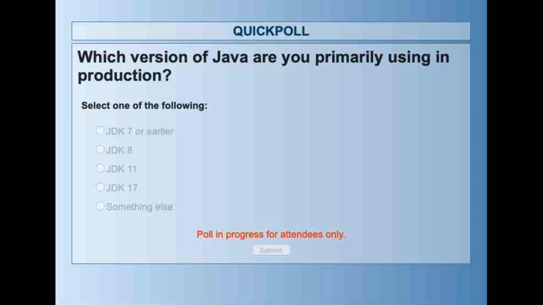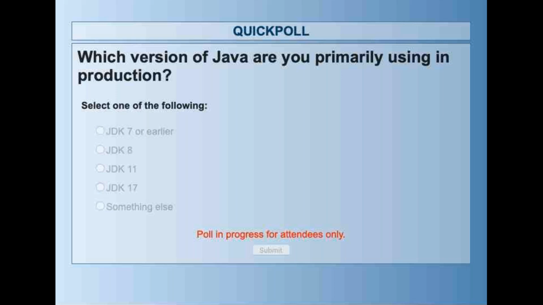So if you're still on JDK 7 or JDK 6 even, or I know some people even run older versions than that. JDK 8 is the second option, which is one that remains quite popular. Lots of people still on JDK 8. And then JDK 11, which was the previous long-term support release. And now JDK 17 is another possible answer because that's the current long-term support release. And then if you're using something other than that, then there is a something else answer at the end there.